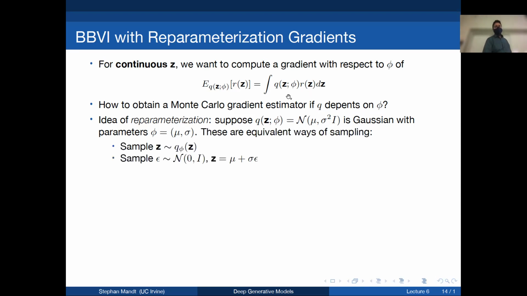Now, it turns out that the following identity holds, and this will be very important. It is exactly the same if I say I sample z from that Q distribution, Q of z, which was a Gaussian distribution with mean mu and standard deviation sigma, or if I realize my random variable z differently. First, I sample a random noise epsilon from a standard normal distribution centered around 0 and with variance 1.